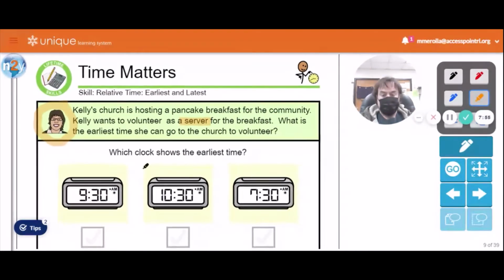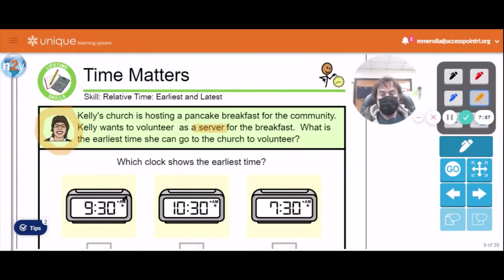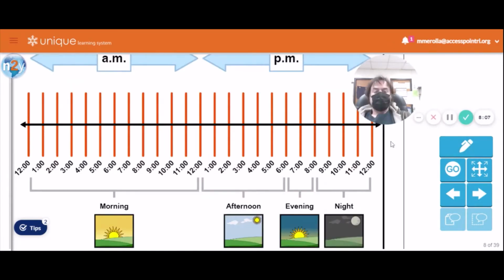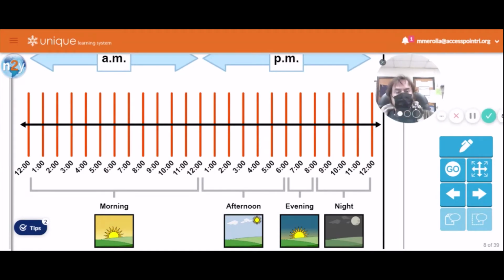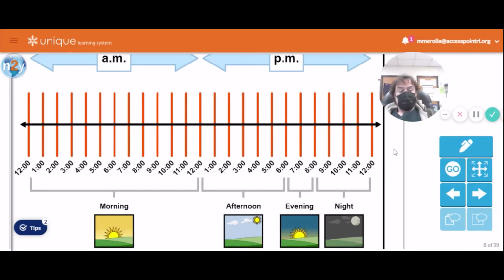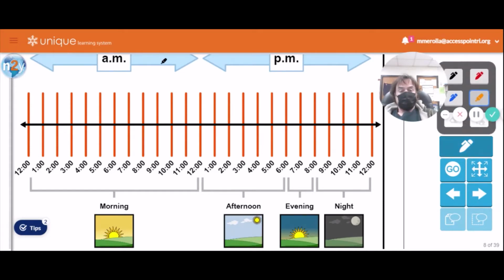Is it 9:30 a.m., 10:30 a.m., or 7:30 a.m.? Okay, so to figure out Kelly's situation, we have to go back to our handy-dandy graphic showing AM and PM, okay?